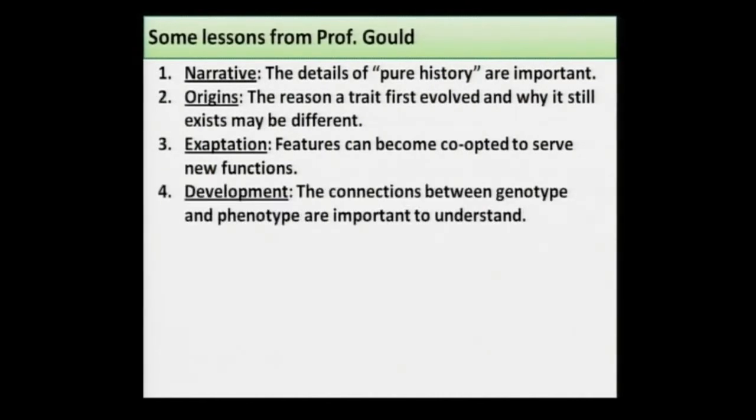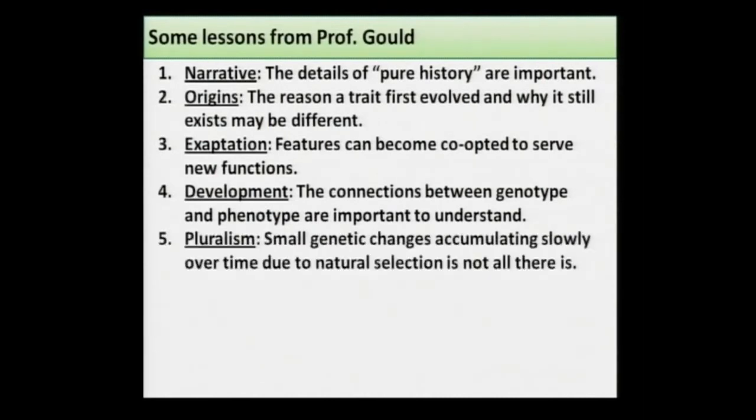The importance of development and drawing connections between what goes on at the genetic level and what you see at the phenotypic level, that's a very important component, and I'll talk about that a little bit too, although not in the same way as we just heard.